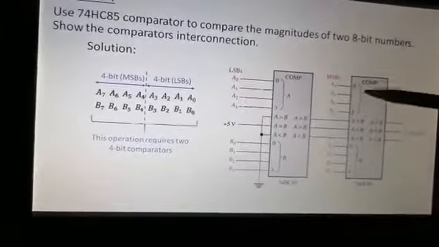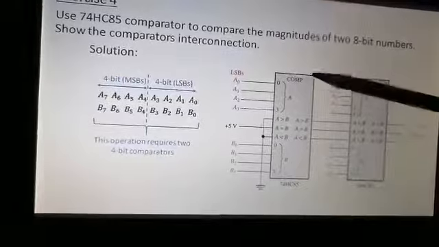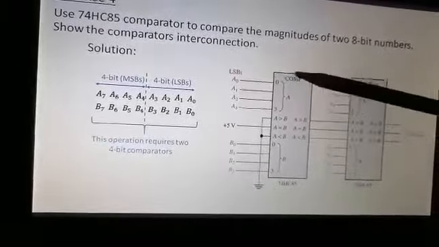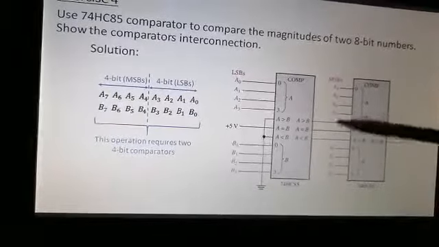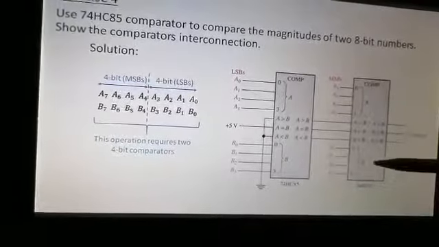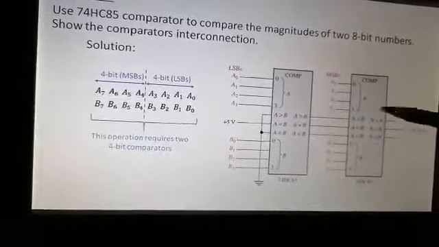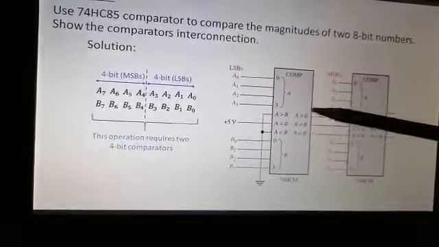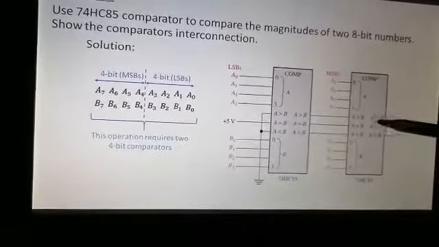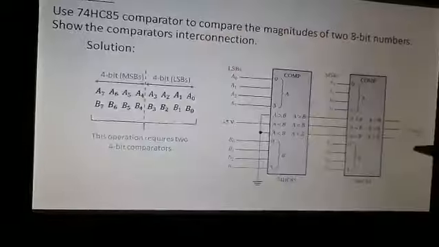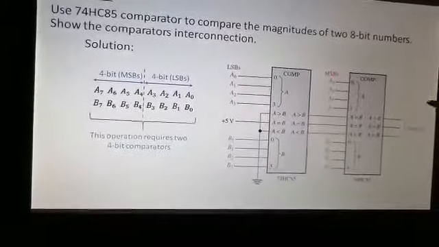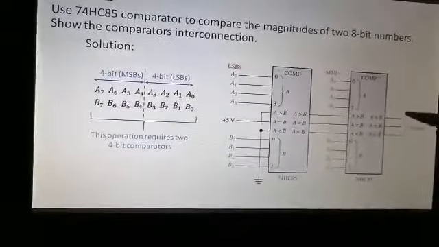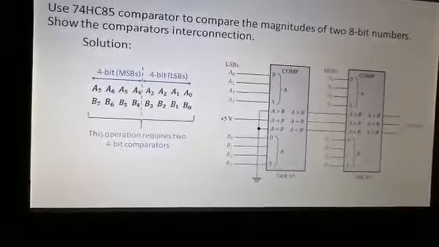Okay, this one is the first comparator, and then the second is this one, the second comparator, and this is the output. This is how to connect between 4 bit and 8 bit. For example, if you want to compare 16 bits, that means we have another 2 comparators.